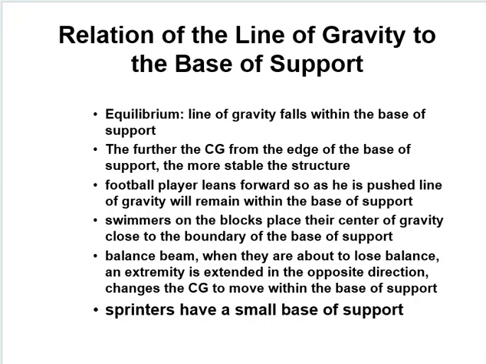So if you're standing with a wide stance and your upper body is directly in the center of your stance, you are very stable. A football player may lean forward in anticipation of being pushed backward to be able to maintain their stability and maintain that center of gravity or line of gravity within the base of support.